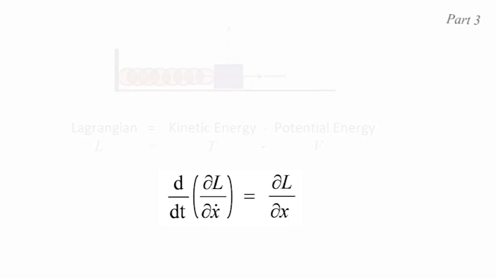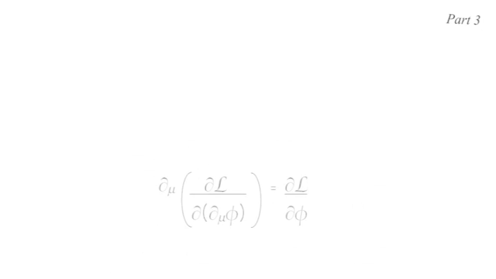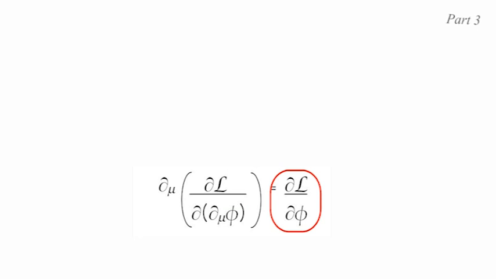Now we're talking about fields instead of distances, and space-time instead of time. Then Euler's equation can't be what it was. Instead of being d by dt dL by dx dot equals dL by dx, it becomes, now wait for it, d mu of dL by d of d mu phi equals dL by d phi.